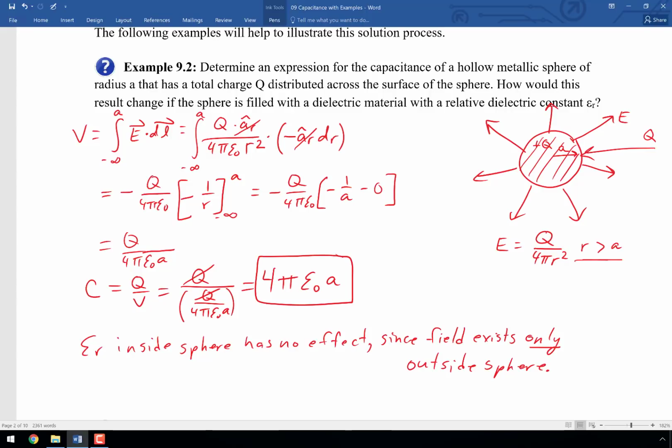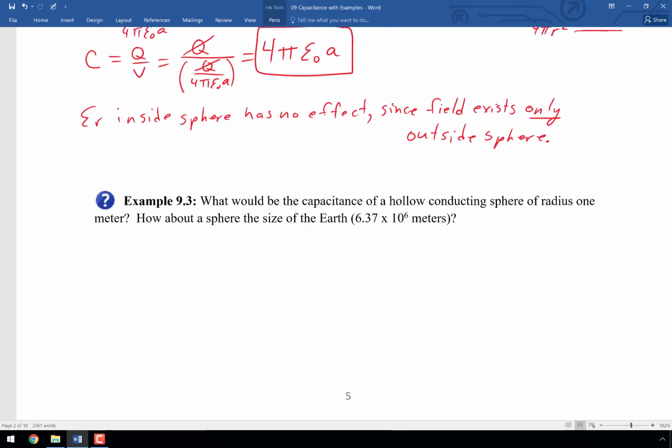We know that there's no electric field inside of that sphere. If it's a hollow sphere, that's one of the results that we obtained previously from Gauss's law. So therefore, we know that if we're moving the charge only in the region where you're outside the sphere, no matter what happens inside the sphere, it won't make a difference.